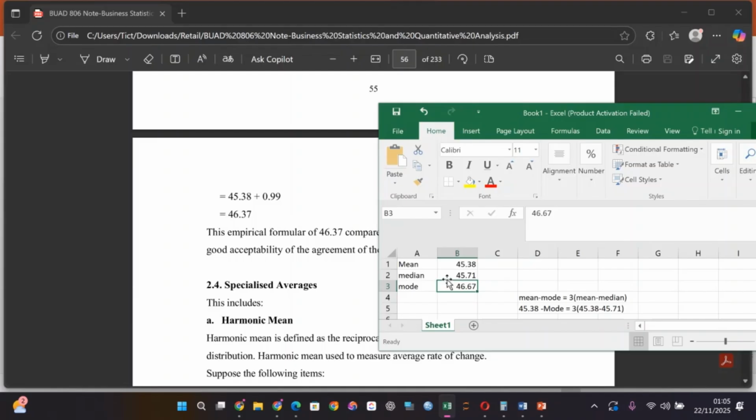But in a scenario where we have three or four numbers appearing many times, you can actually use this empirical formula to get the mode, and it is going to be very close. In fact, in some cases it can actually be the same. Since you are able to get your median and your mean, you can use this simple formula here to compute your mode, and you get your answer.